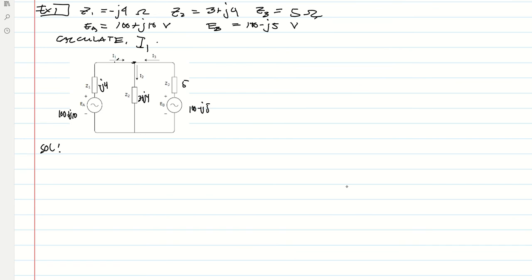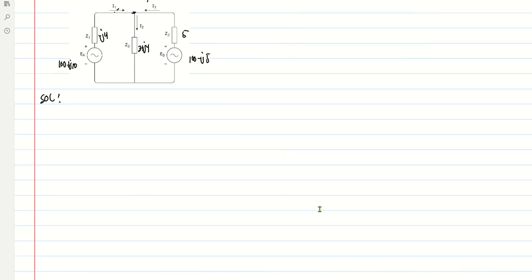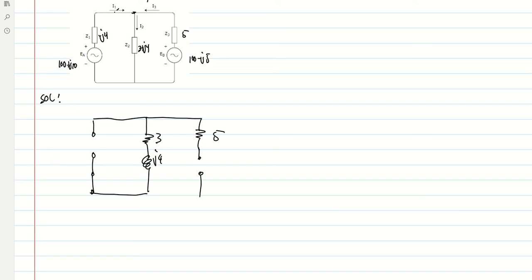So if we redraw our circuit, this will be our new circuit. Just remove the load. Our load will be negative J4. Then replace this with a short circuit. Then we have 3 plus J4, then a resistor 5, and replace this with a short circuit.